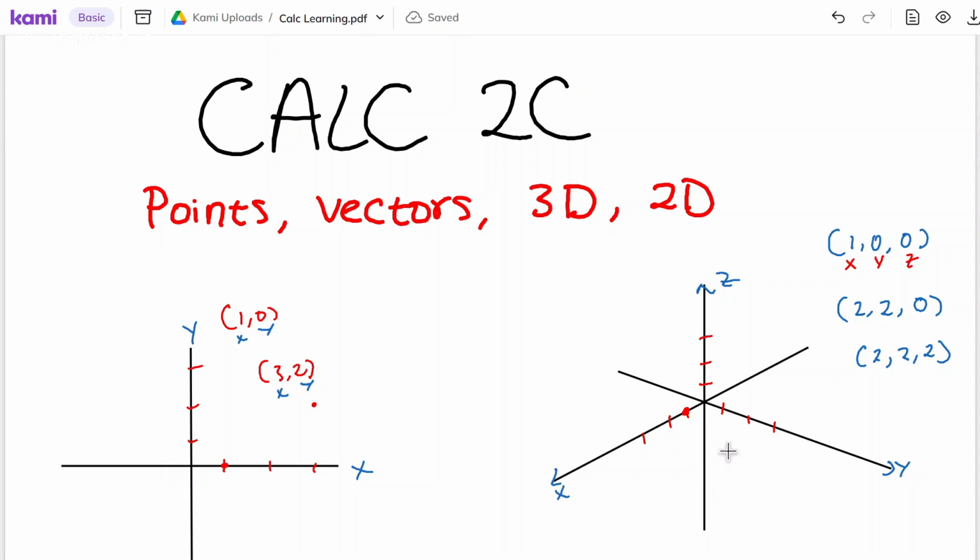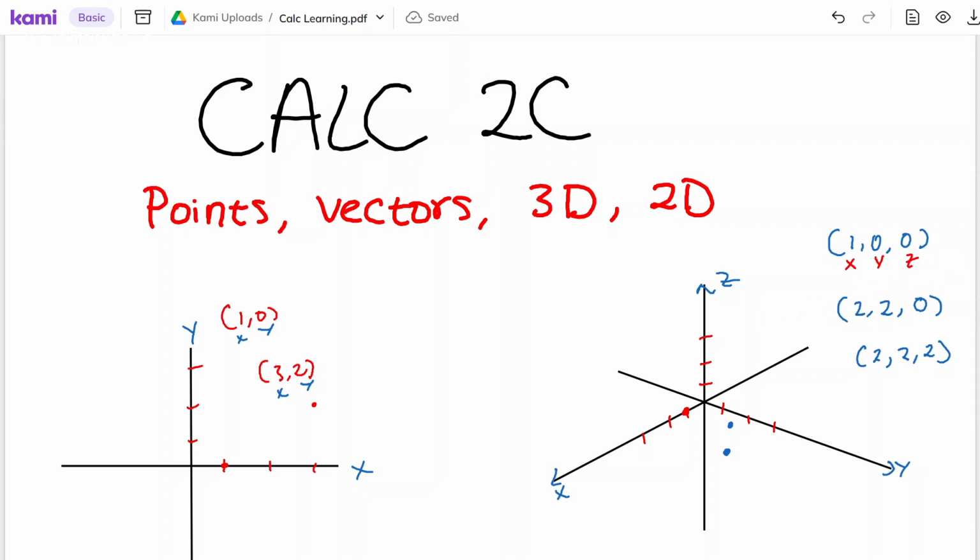And if you can visualize this in space, it's going to be on this plane where z is 0, at this level. So it's going to be right here. And then the other one, 2, 2, 2, will still be that 2, then 2, but it'll be up higher. So it'll be on this plane as well, but higher, where z is 2. And that's how you put points on 2D and 3D.